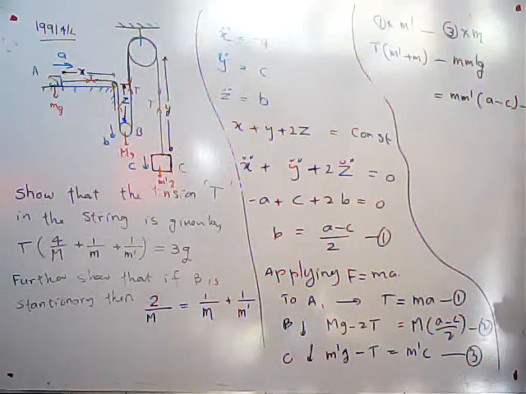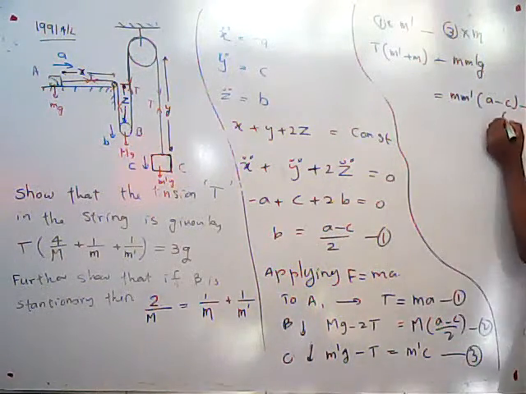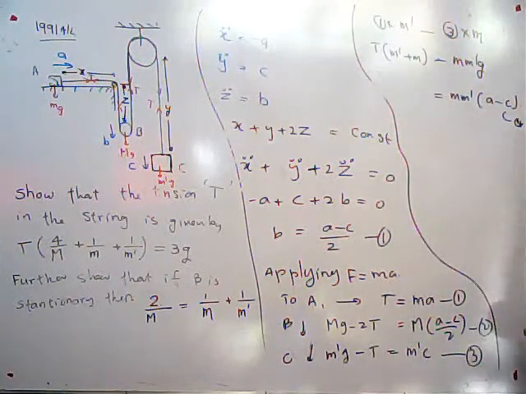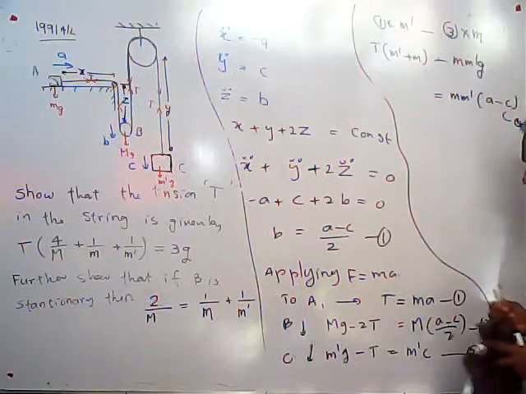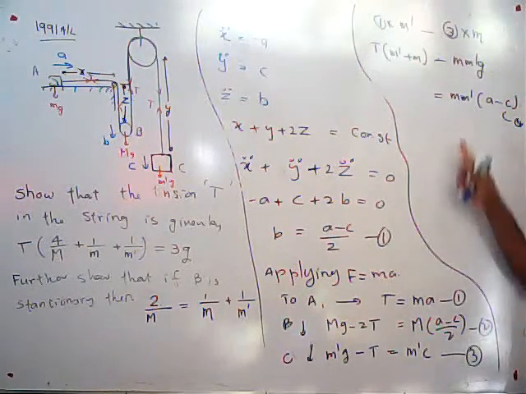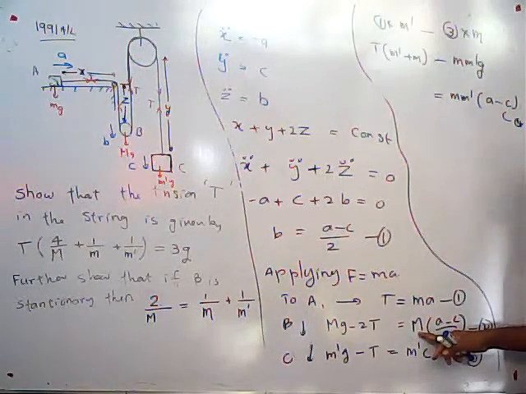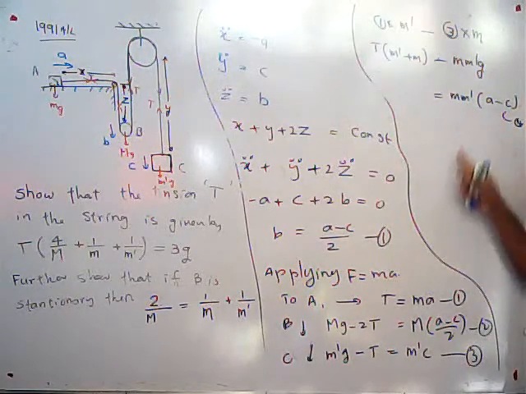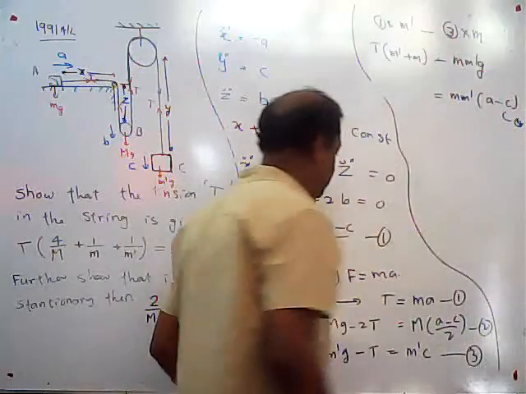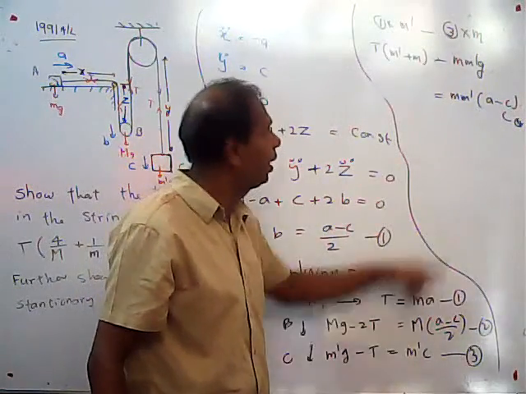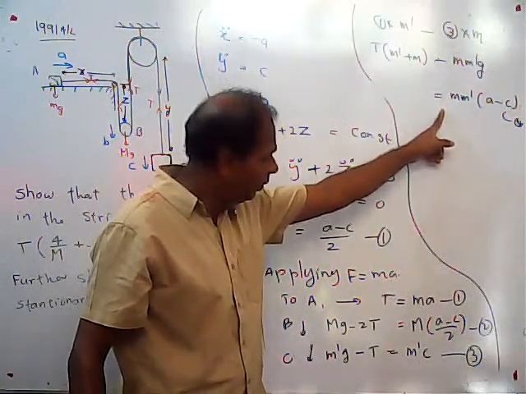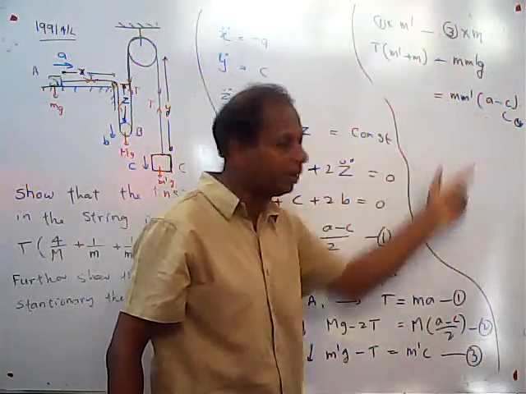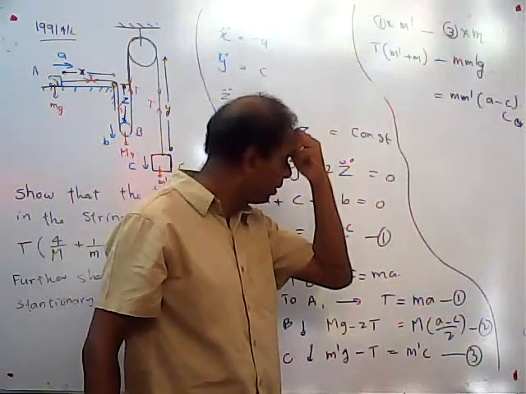Equation number 4. Now from the second and the fourth that we have just obtained, from equation number 2 and number 4, we can eliminate a minus c as a whole. A minus c at the same time.